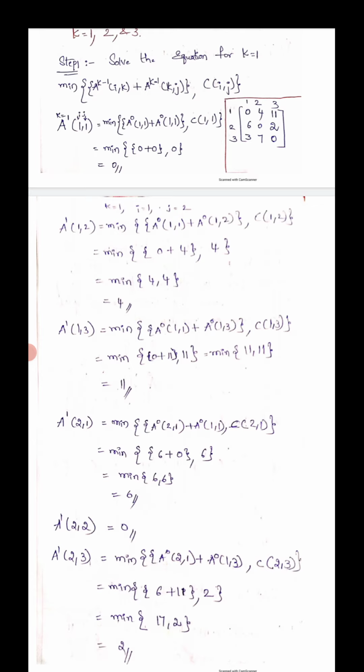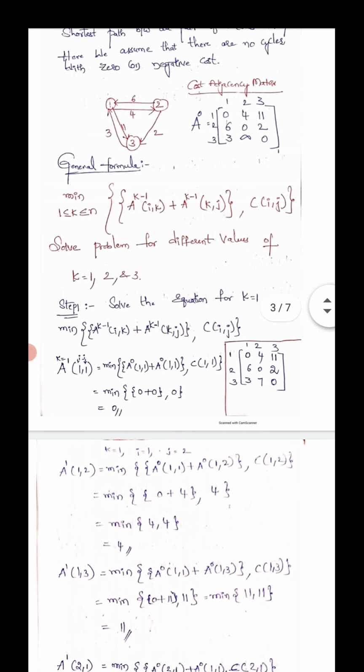Okay, next comma c of I comma j, how much? I how much? 1 comma j how much? 3. Okay, now we calculate A power 0 of 1 comma 1 in the cost adjacency matrix, 0, plus A power 0 of 1 comma 3, in the sense first row third column, how much? 11 comma 11, plus c of 1 comma 3. Looking at the direction, c of 1 comma 3, 1 to 3, the value will be 11. Now minimum of 11 comma 11, which one is minimum? 11 is the minimum value.